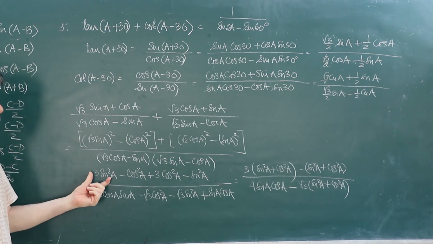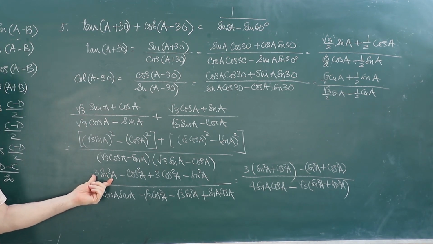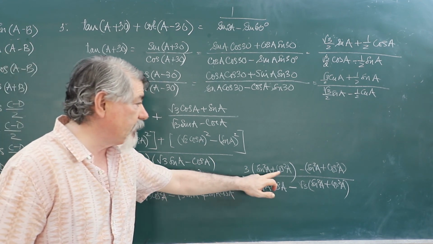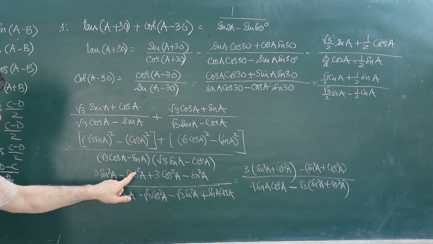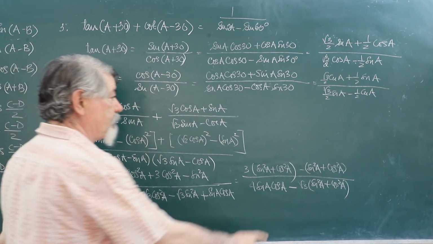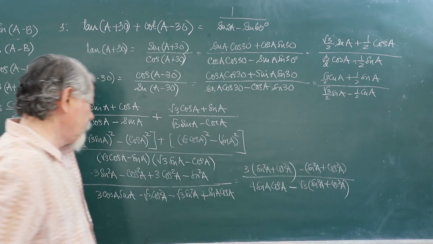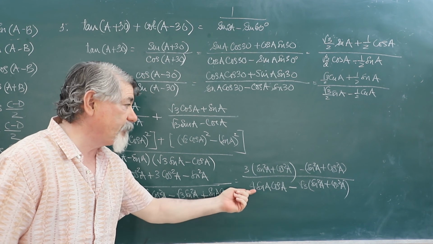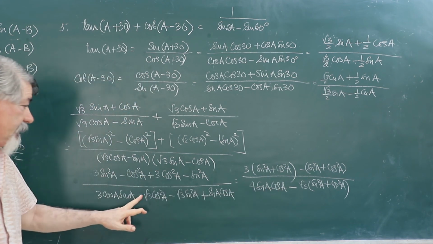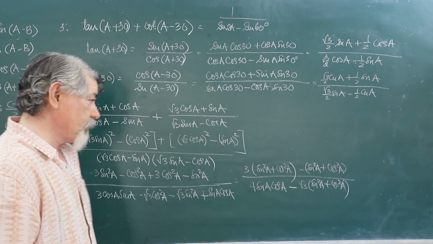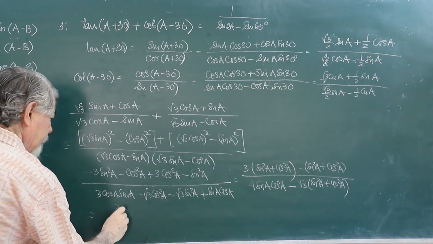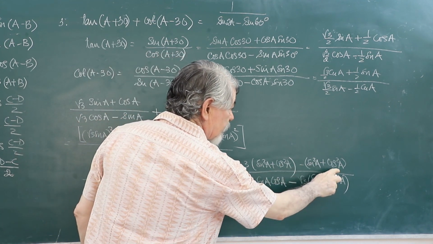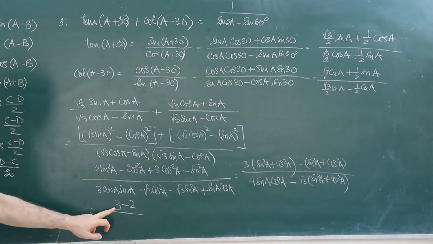What I have done is, in the numerator I have taken 3 sin square a plus 3 cos square a. I have taken 3 common, it has become sin square a plus cos square a. Out of this I have taken minus common, it becomes minus sin square a plus cos square a. It will become 3 minus 1, since sin square theta plus cos square theta is 1.